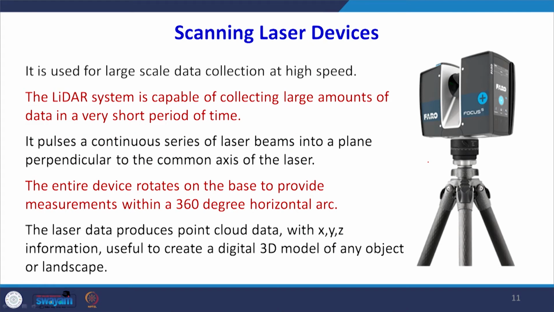Now let us talk about scanning devices, which can scan a very large area in a very short period of time. You can see here this LiDAR system is capable of collecting a very large amount of data in the shortest possible time. It sends a continuous series of pulses of the laser beam, and that is the biggest advantage.